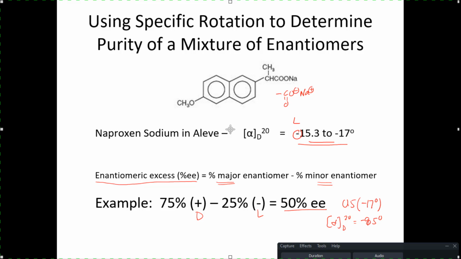So you can get your percentage enantiomeric excess by dividing the observed specific rotation of your mixture over the specific rotation of the pure enantiomer, where the sign of the mixture usually is the same as the sign of the pure. So that times 100 gives you the percentage enantiomeric excess. Okay, so that's actually where the optical rotation comes into play.